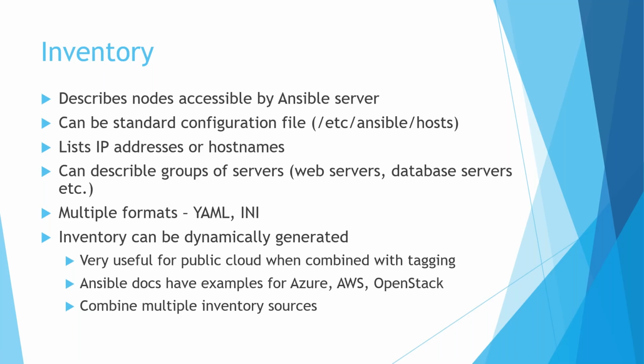And within the Ansible documentation, there are examples for how to use dynamic inventory with Azure, AWS, OpenStack, pretty much anything you can think of. This is a great way to help if anybody has struggled with compliance in the public cloud, because one of the questions that auditors will frequently ask is, how do you delineate between different environments?